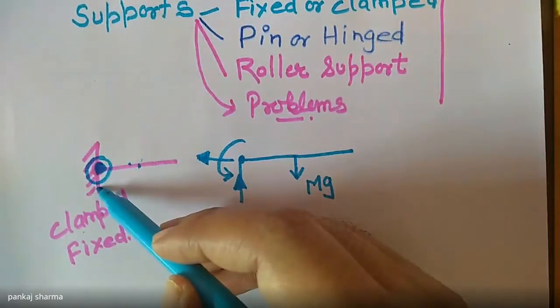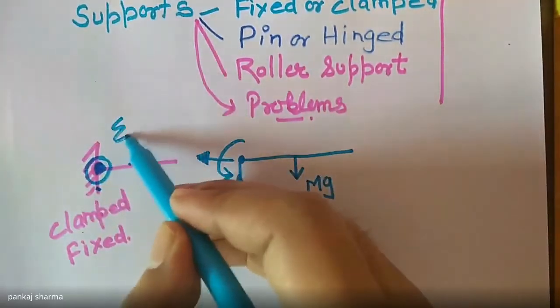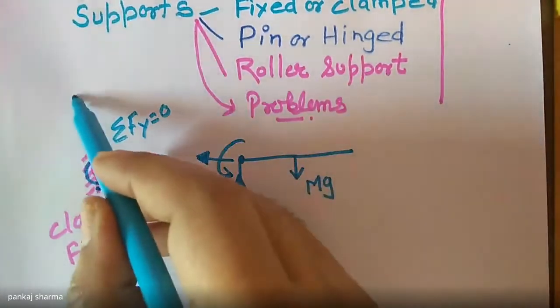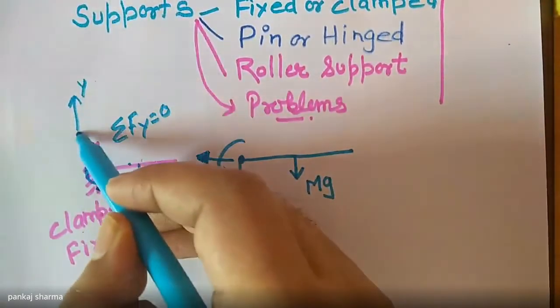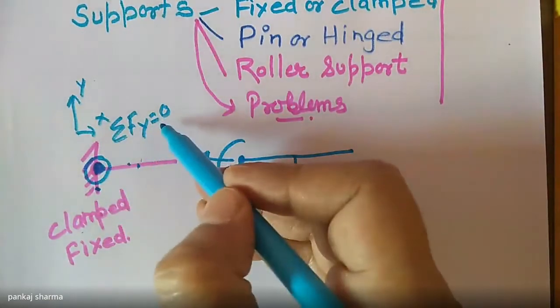Vertical because it is a structure, so it follows Fy is equal to 0, Fy in the vertical direction, Fx in the horizontal direction.